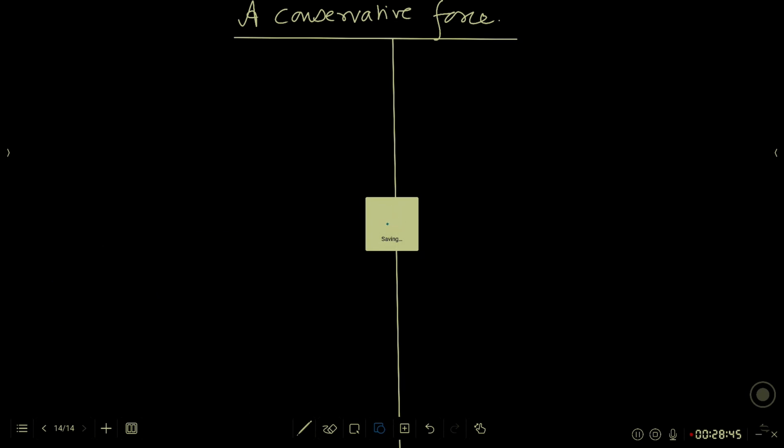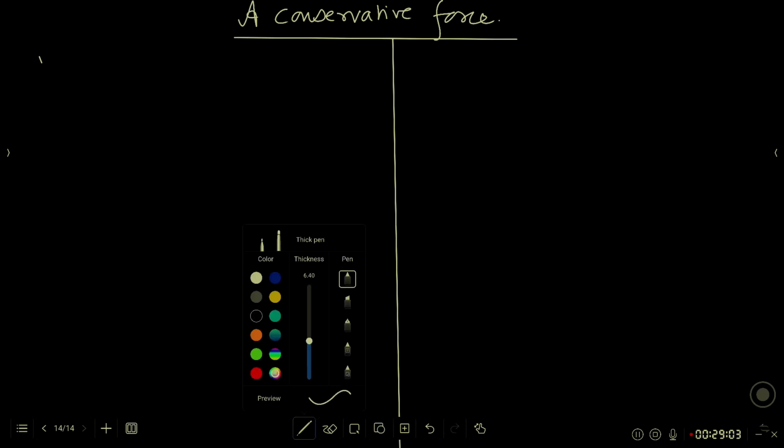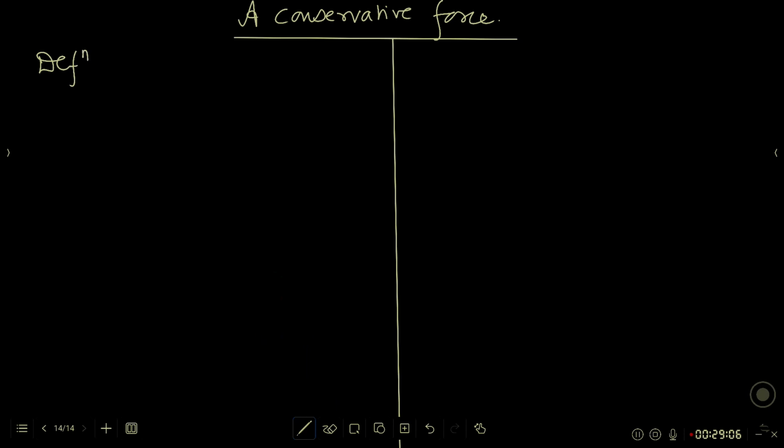This is the definition. I'll write it first. I'm only talking about those forces which are independent of time, which do not depend on time, neither the direction nor the magnitude.